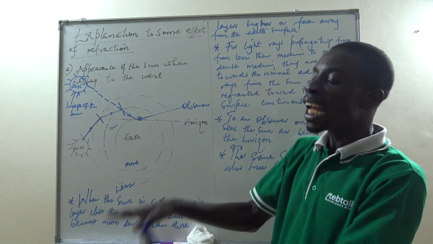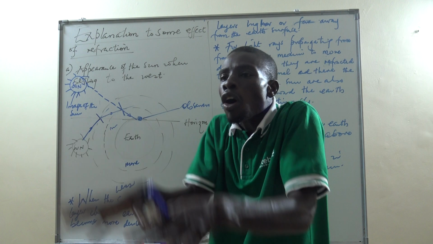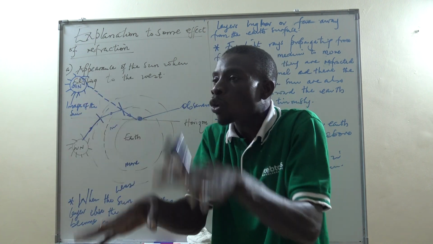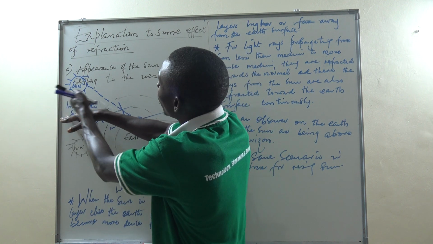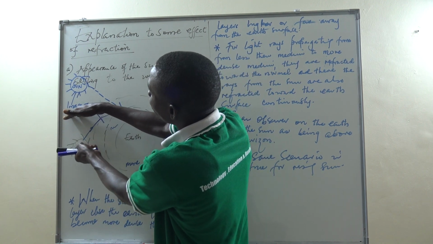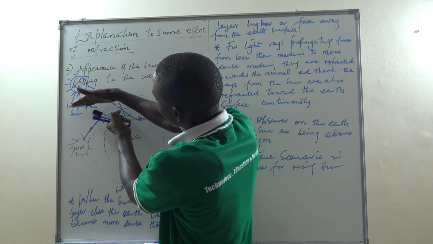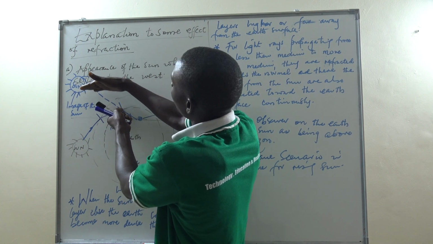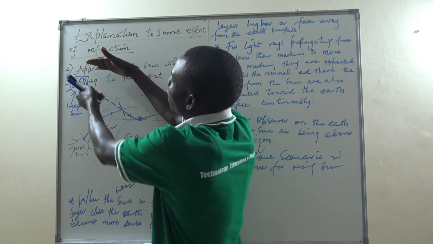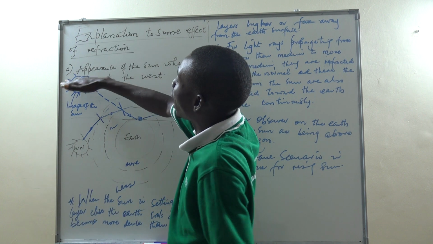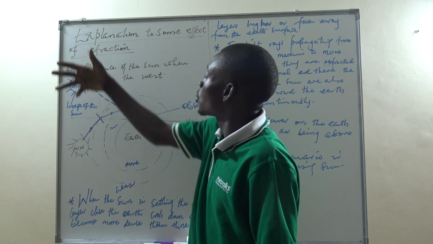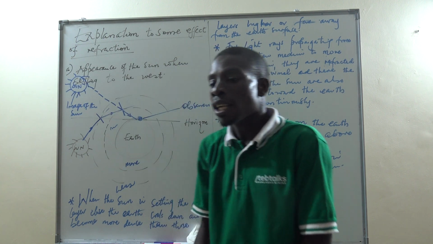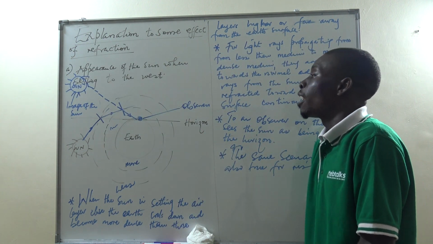It is because also early in the morning it is too cold, the air close to the earth's surface is denser than the one up. Therefore the sun, when it is below even a point where you cannot see it, rays from it will come and be refracted towards the normal, and another layer will also refract them. Now you see the sun here, as if it has already moved out, but in reality the sun is still down, but refraction is the one that is bringing it up, and now you see the image of the sun looking like it has already risen.